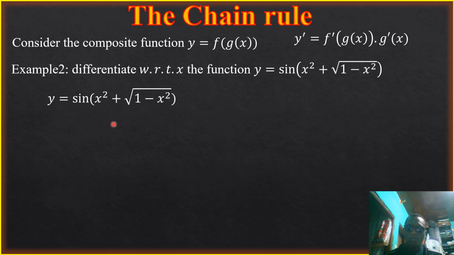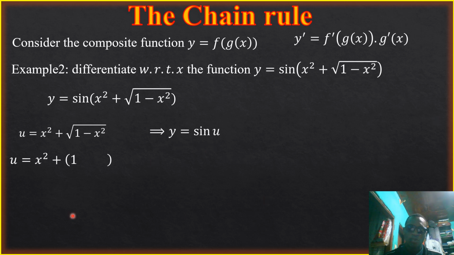That's our function to be differentiated. Inside this sine function, there is another function. Are you seeing that? The sine function here has an input, which is another function. So we'll let u be that function that is inside, and then my y will become sine of u.